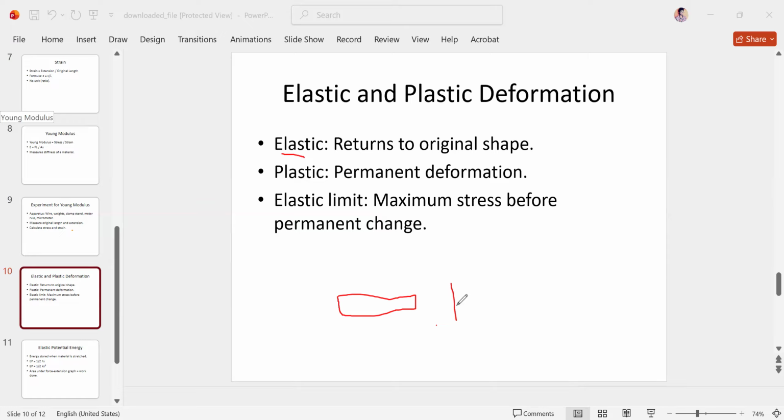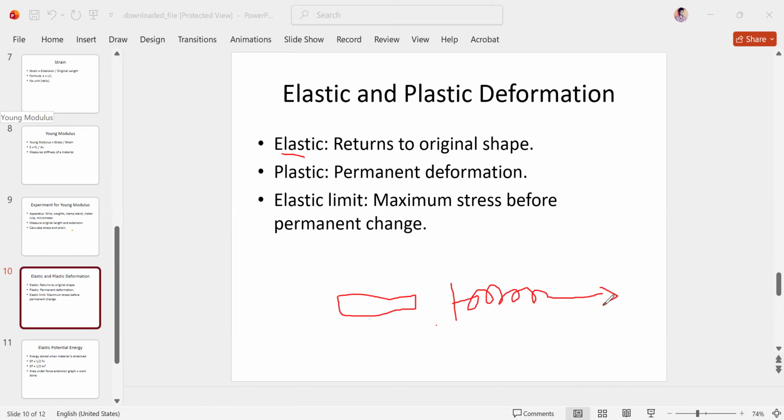You also see elasticity in a spring. When we stretch the spring or any soft material, its size is increased.